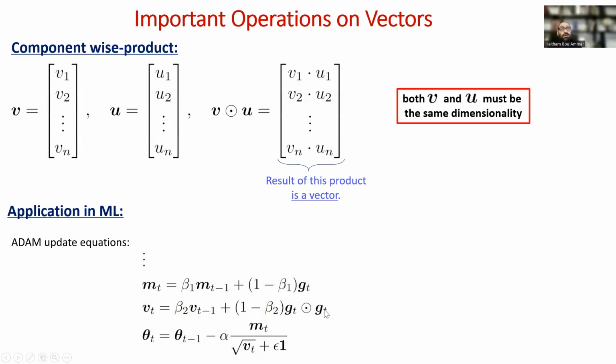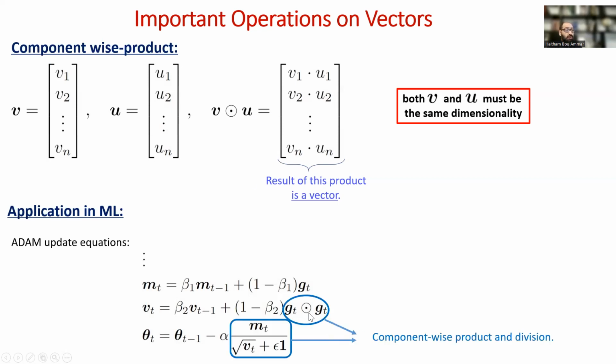So we get a vector of gt squared where every component in that vector is the multiplication of the components of the gradient, gt by gt, the first component squared, gt by gt, second component squared, and so on. So this notation really means that you take the first vector you're interested in, which in our case is gt in Adam, the gradient, and take the second vector you're interested in, which is gt in Adam, and then you do a component-wise multiplication.